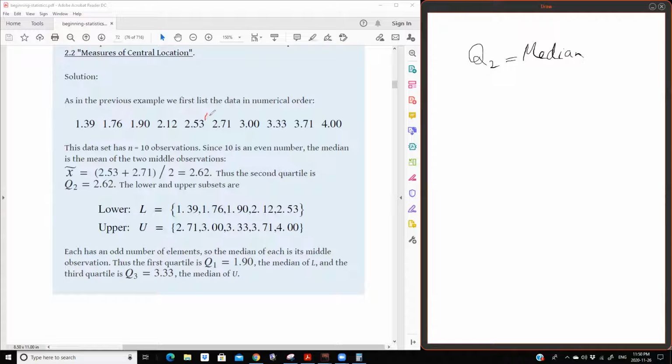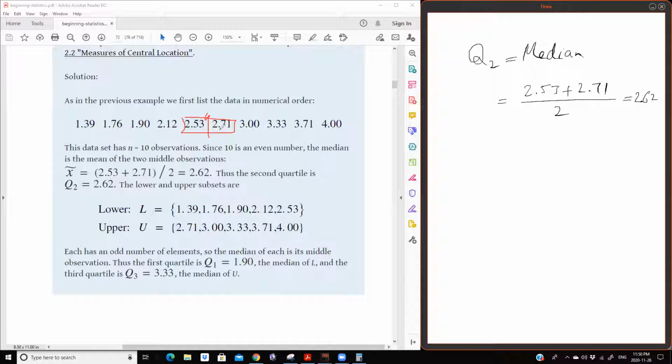So you have to take the average of these two. That would be your Q2. It's the median. 2.53 plus 2.71. You add them up and you divide by 2, and you're going to get 2.62.